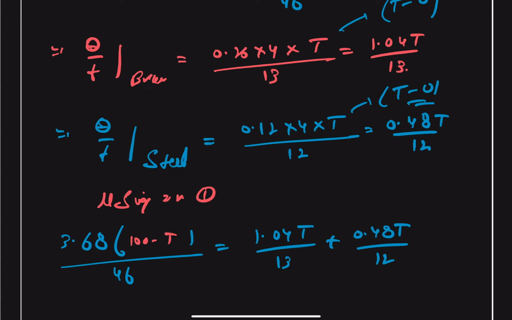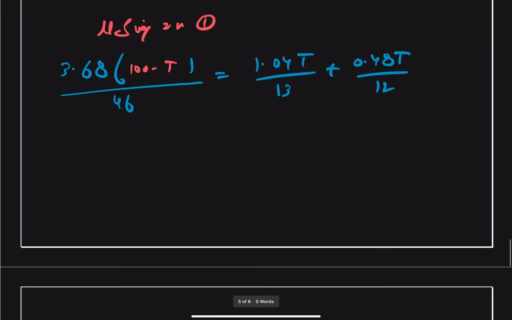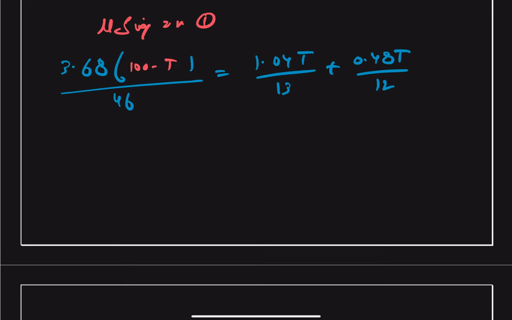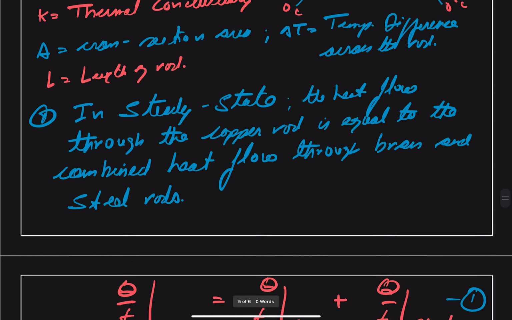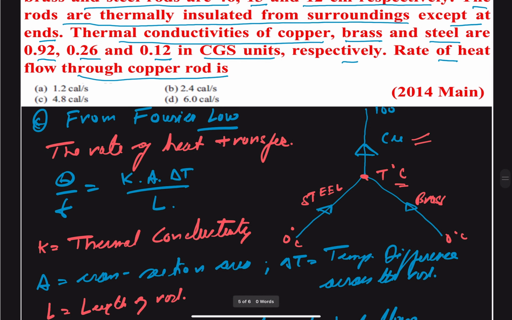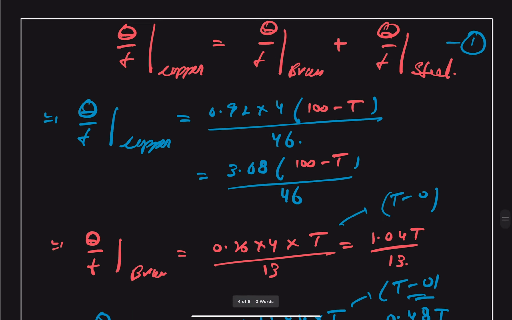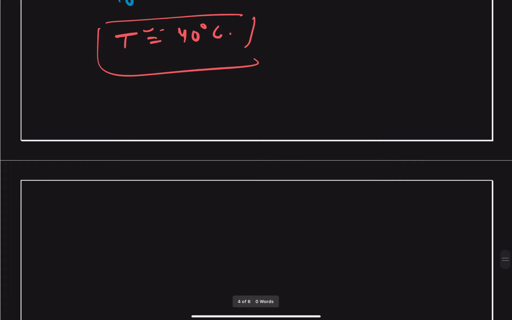So this is now a pretty straightforward calculation. From here we can write that our T will be coming approximately as 40 degree centigrade. And if we check the options available, oh sorry, we have to find out not the temperature but the heat, the rate of heat transfer.